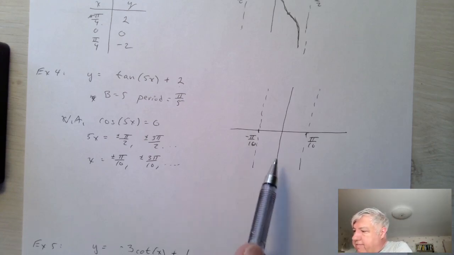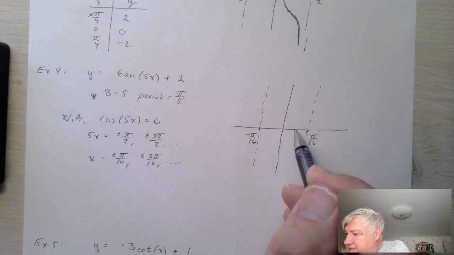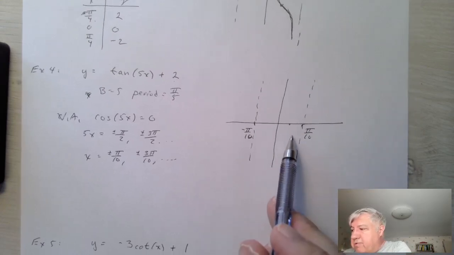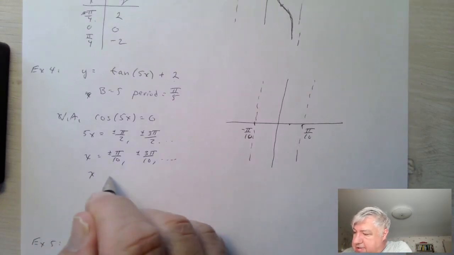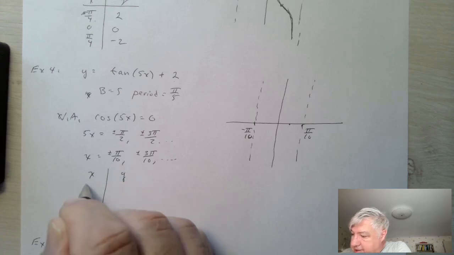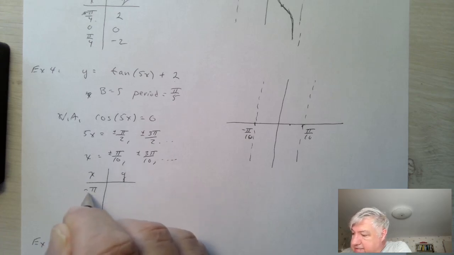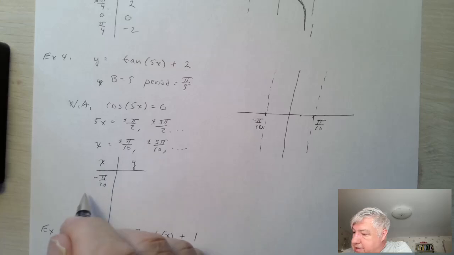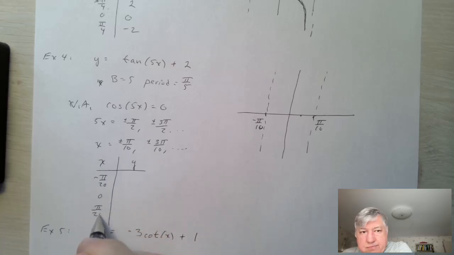Let me just say the intermediate terms. This will be pi over 20. So here's x, y, negative pi over 20, 0, and pi over 20.